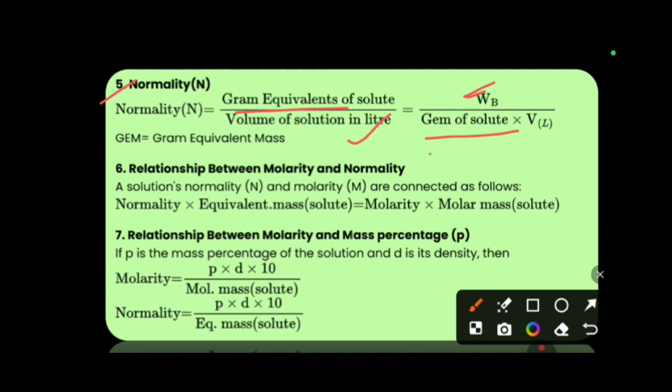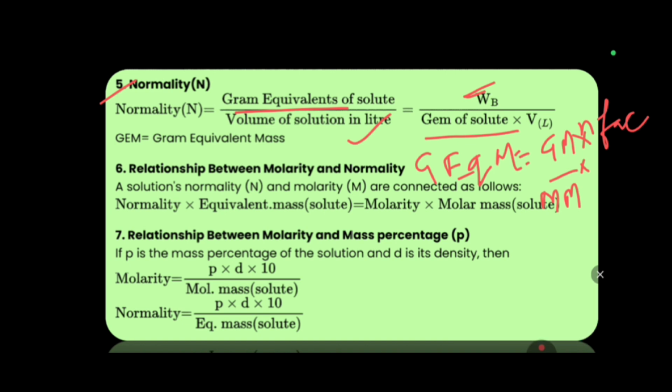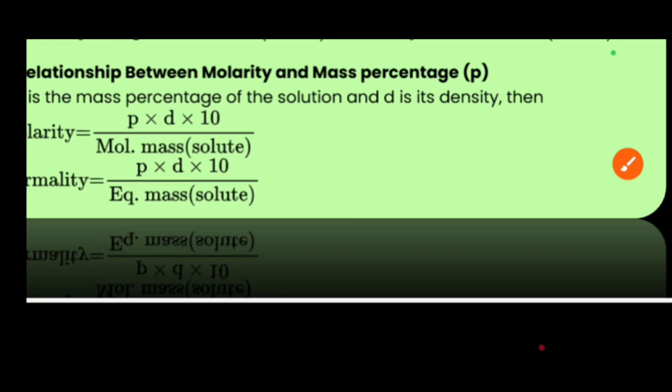You can write it like this: gram equivalent weight is equal to given mass divided by molar mass into n factor. Why have you written this?